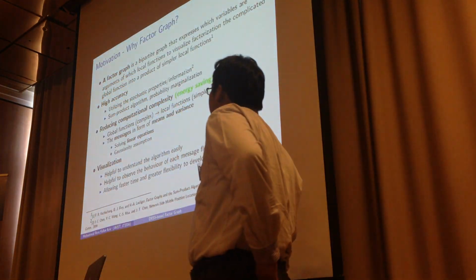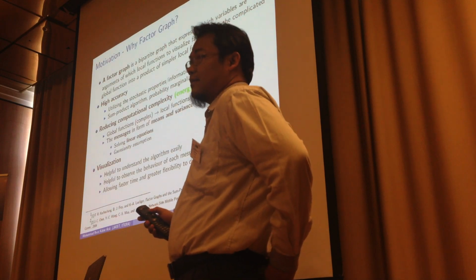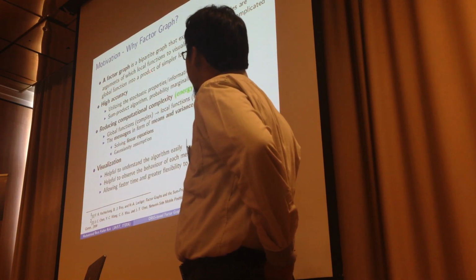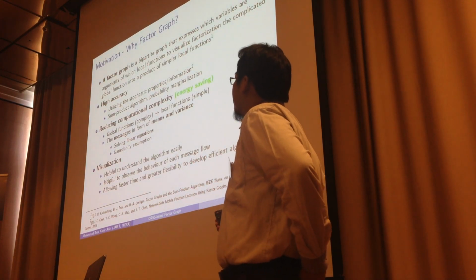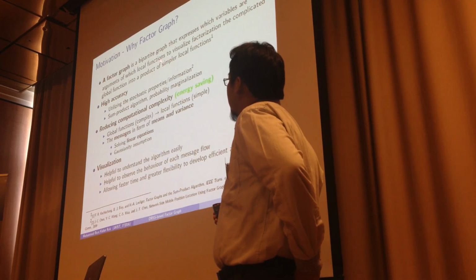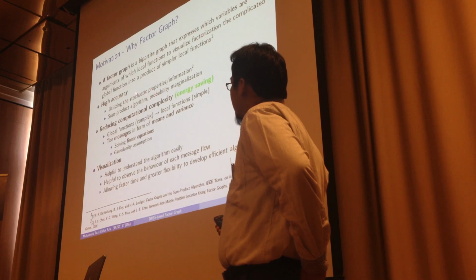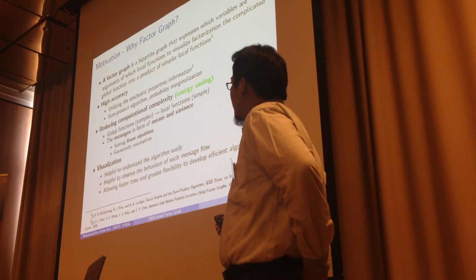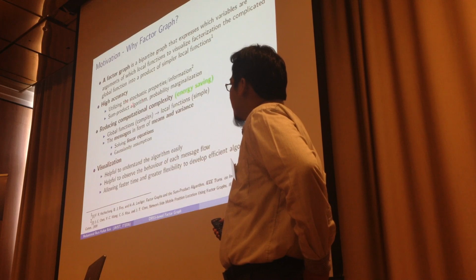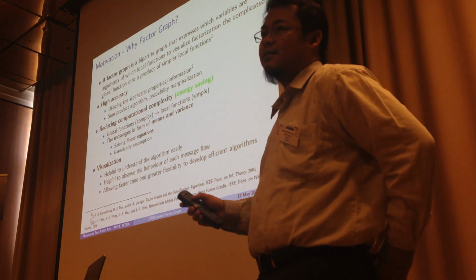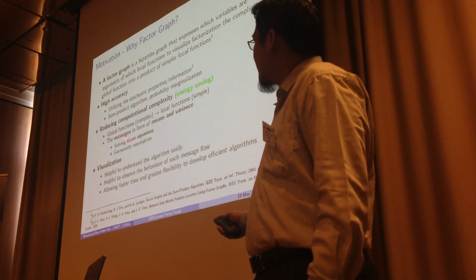So why do we use factor graphs in our research? A factor graph has several advantages. For example, utilizing the stochastic properties, in this case using mean and variance.